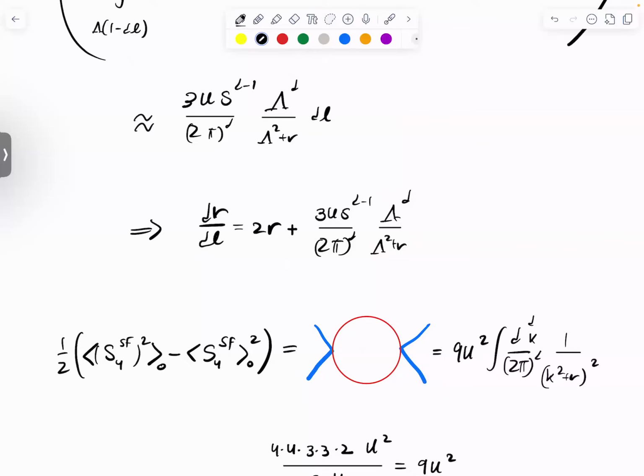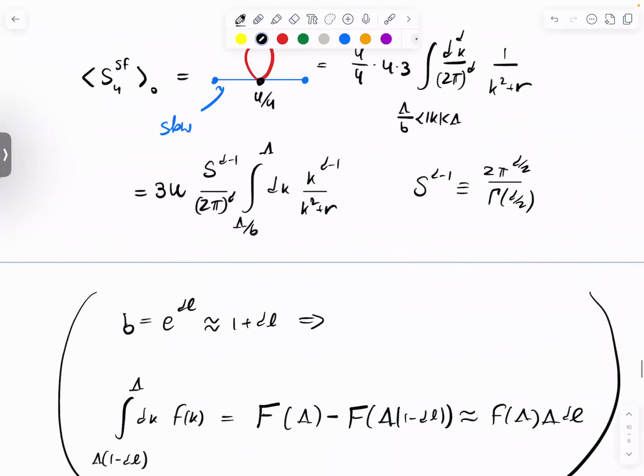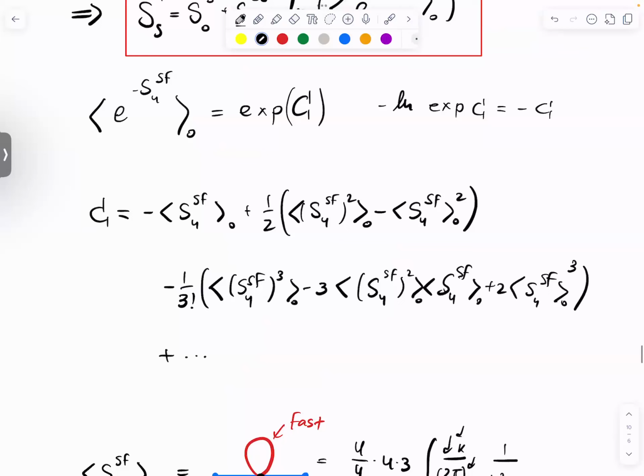But I can do it more rigorously than that. Let me write it in full glory.